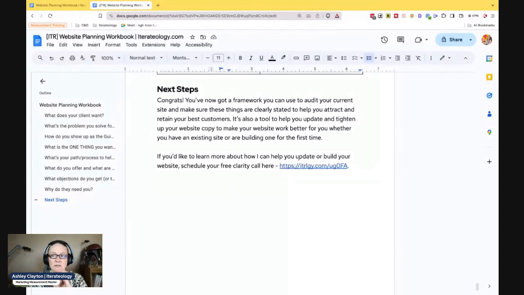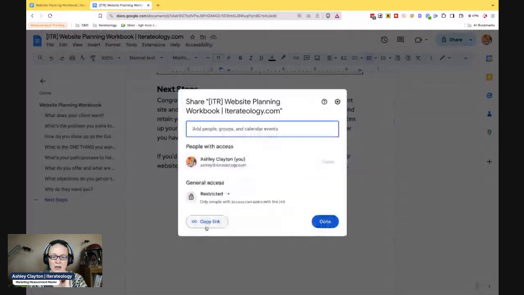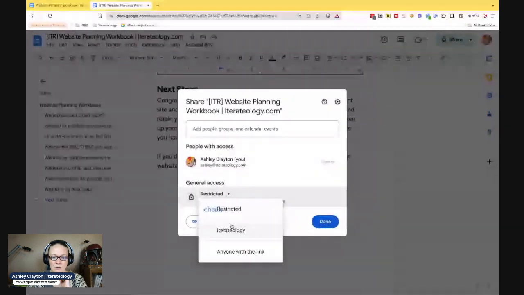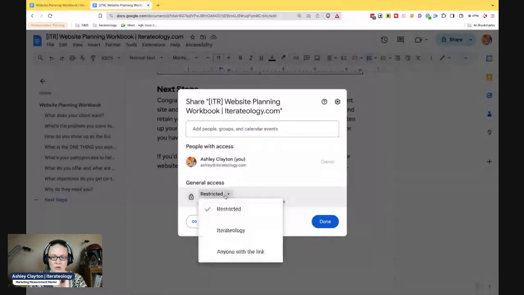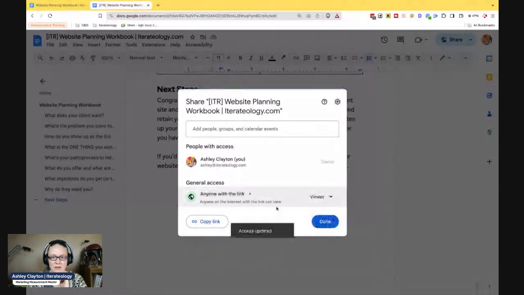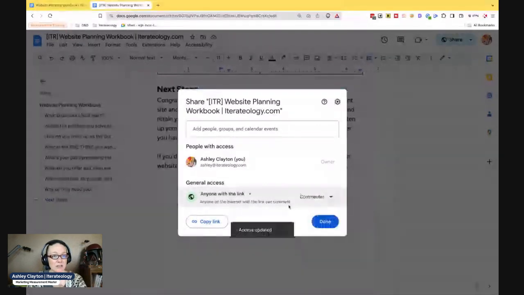Just use this share link and hit share. You can choose anyone with the link, set it to commenter, and then DM it to me through Facebook.